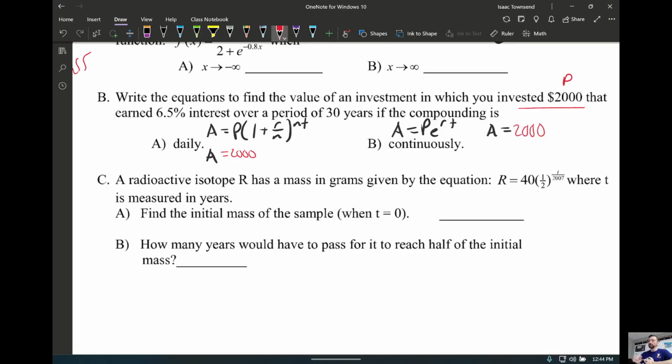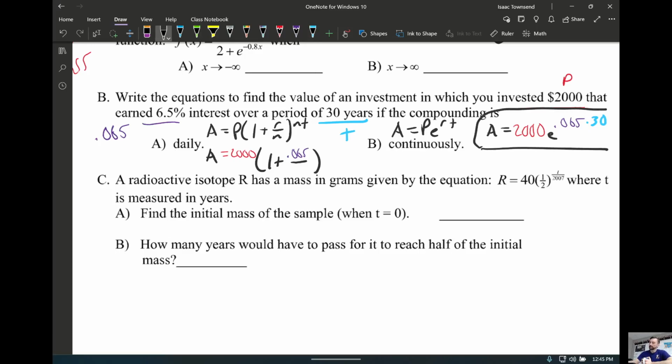So starting amount goes in place of P, regardless of which formula you're using. The rate goes in place of R as a decimal for both formulas. The time in years still goes in place of T. And that's all you need for the PERT formula.